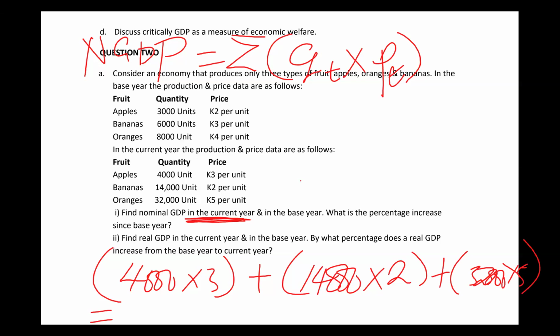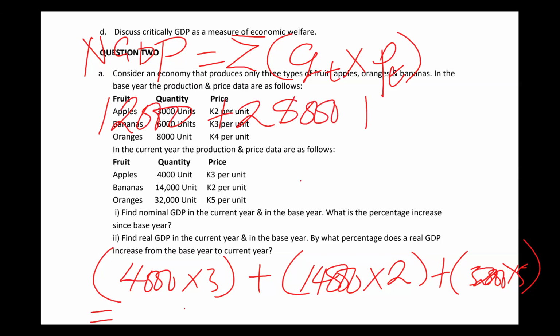Now we might be waiting for people who are not calculating, right? And then time will go. No, so we are calculating, sir. Okay, so this one is 12,000. The first one, 4,000 times 3. And this other one is 14,000 times 2, that is 28,000.